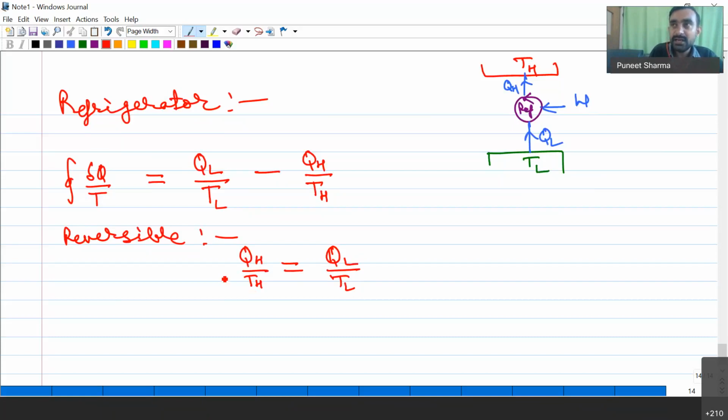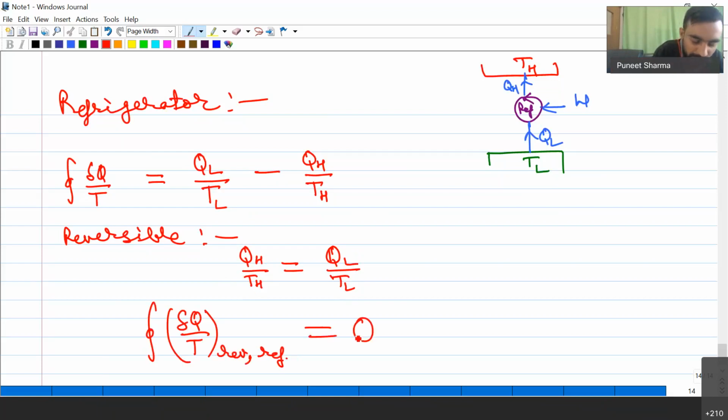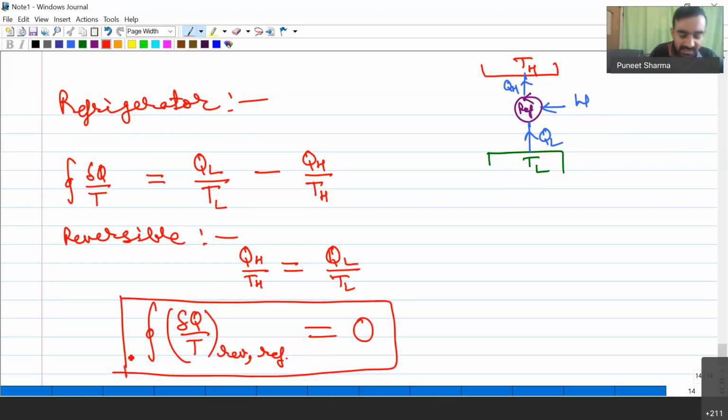From there, I will find QH by TH equal to QL by TL. So it means I can say ∮δQ/T for a reversible refrigerator is equal to 0. So for a reversible refrigerator, the Clausius inequality becomes equal to 0.